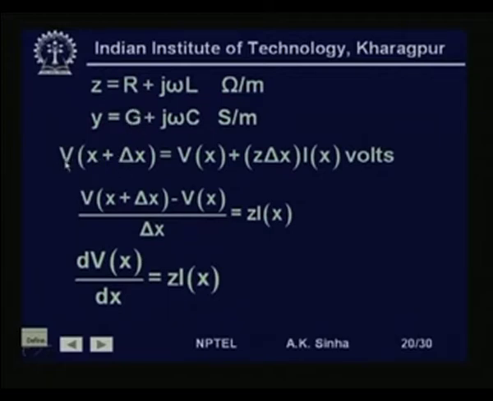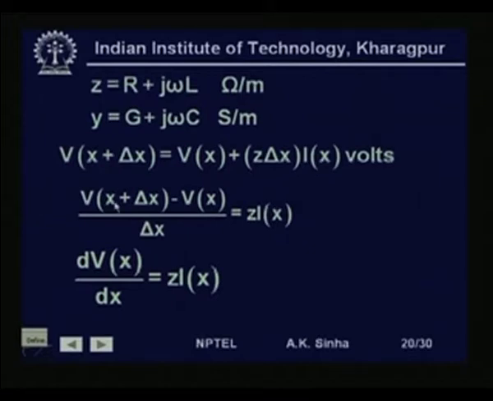Now, from this relationship of voltage at distance x plus delta x in terms of voltage at distance x, if we rearrange this, we will get V at x plus delta x minus V at x divided by delta x. This delta x term we have taken on this side, and this V x we have taken on this side. So, this becomes negative, and this delta x comes in the denominator.